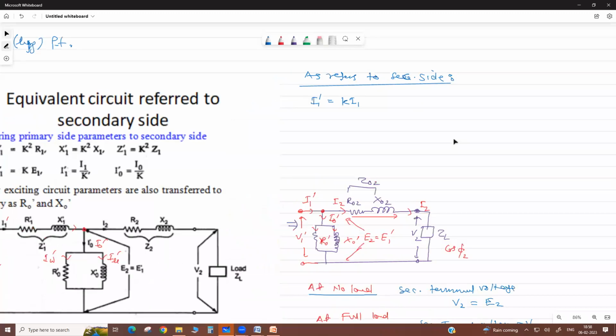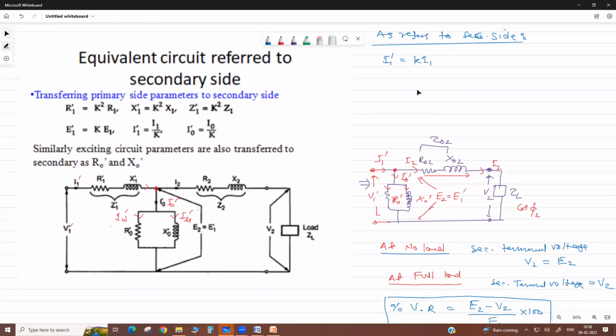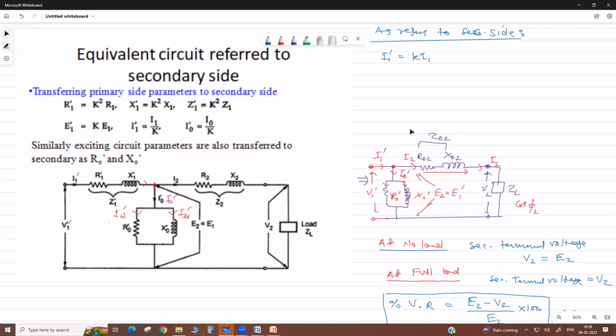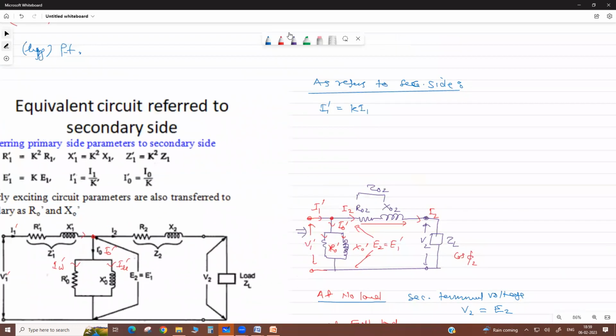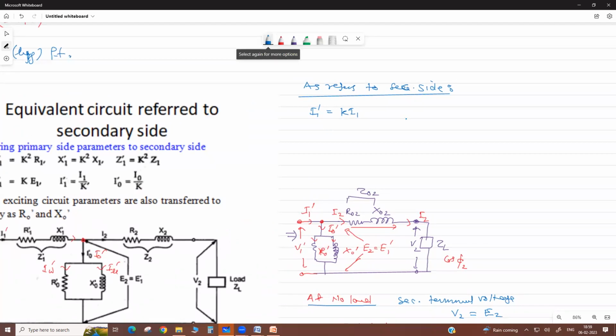Okay, it is divided, sorry. I1 dash means, if we neglect I0, then I1 dash equals I2, correct? And your turns ratio I1 by I2 equals K.